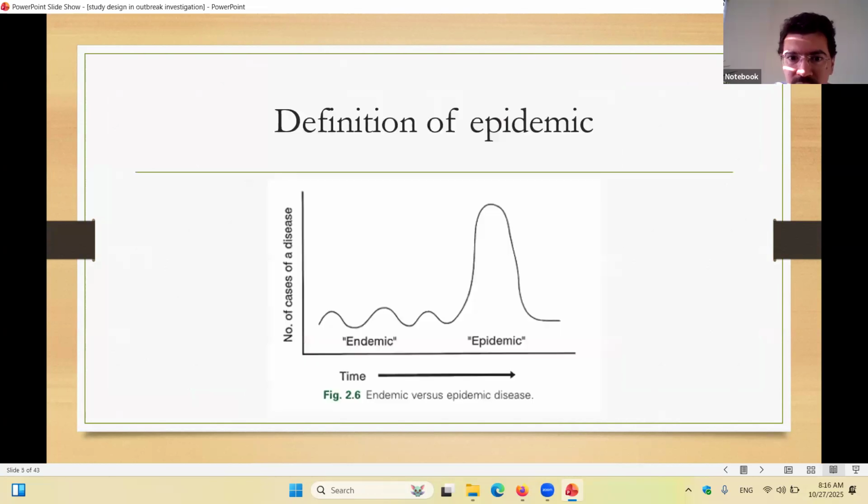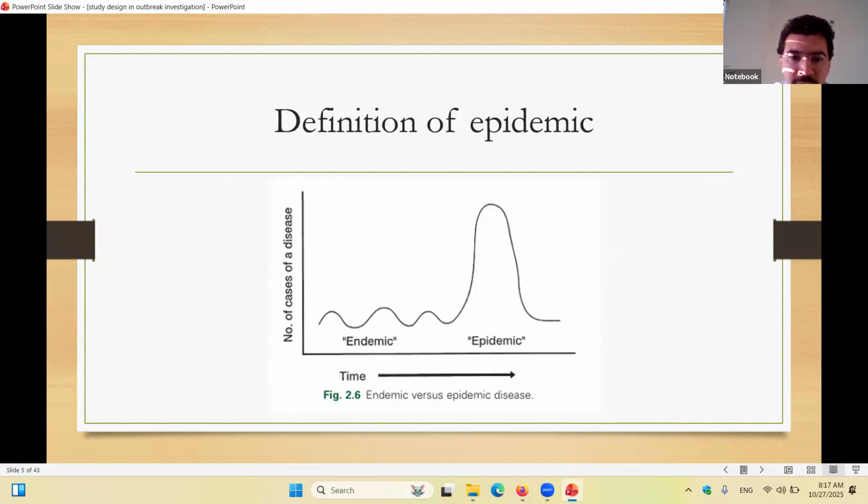First of all, I want to talk about the definition of epidemic. We have endemic and epidemic. Epidemic is a time when the observed cases of disease are more than the expected number of the disease.